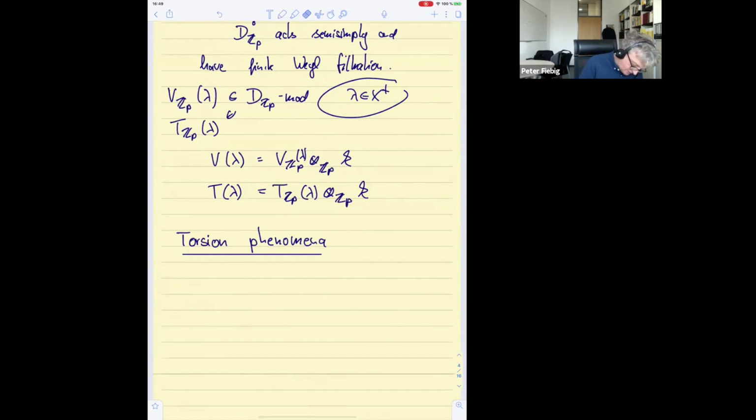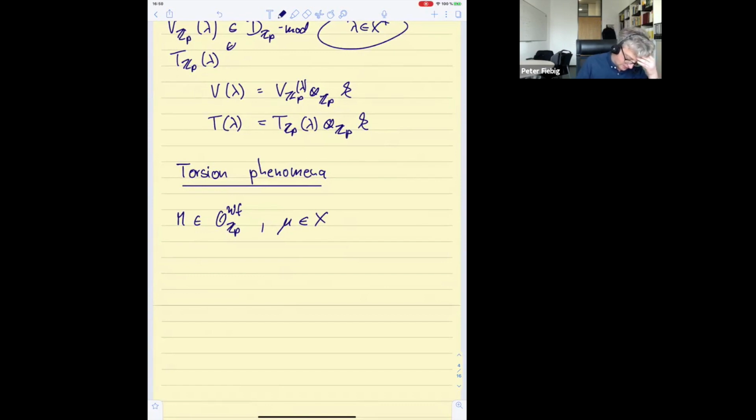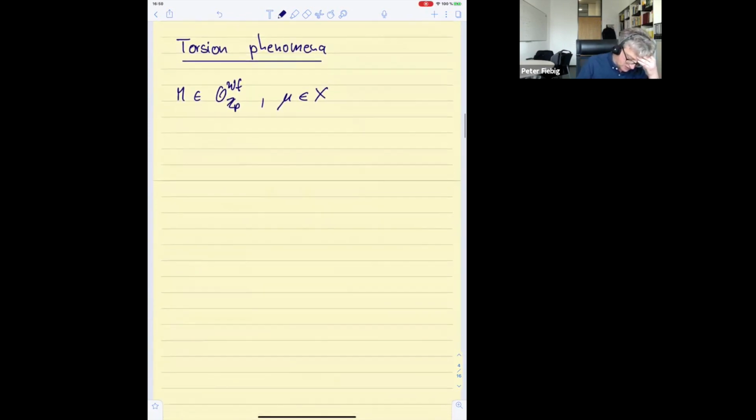If you have one object in this deformed category, and you have a weight, not necessarily dominant, then you can look at the following construction.